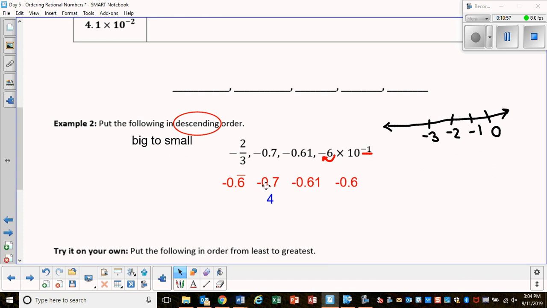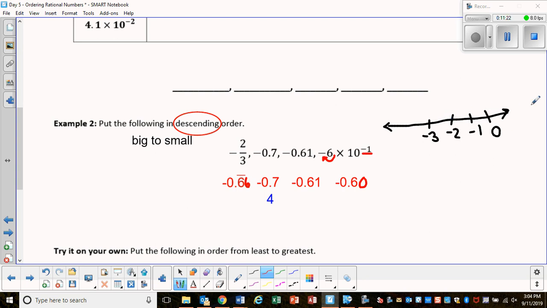Next, let's go back and see if there's anything else. So we have a 6, a 6, and a 6. They're all the same now. So we got to move to the next digit. So the next one here, this guy has a 6. So I look at the 6 here, a 1 and a 0. There's nothing there, so I put a 0. So now I can order it. This guy is the next furthest away on the negative side, so it's still down here.